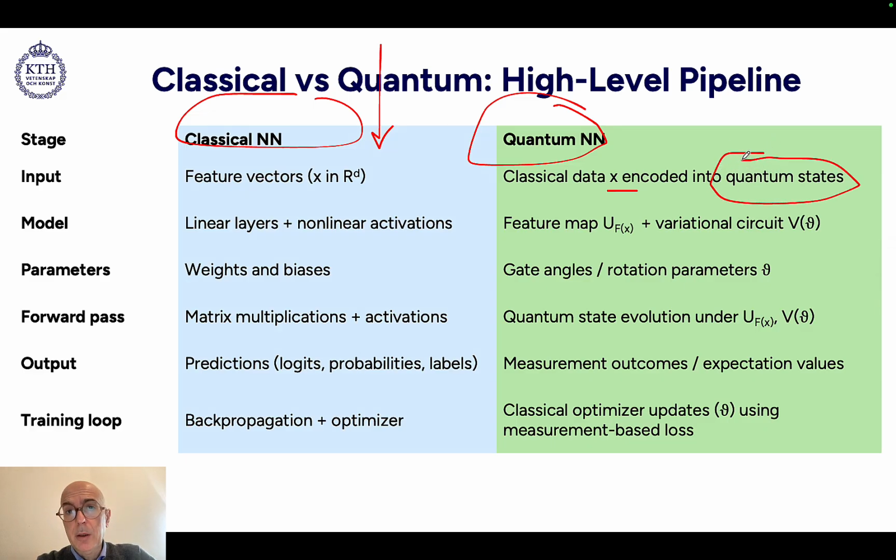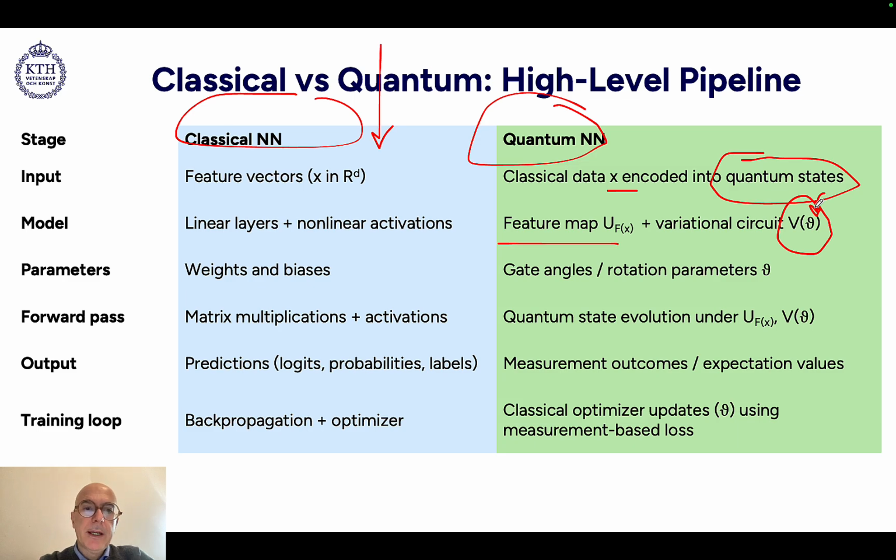The model of the neural network consists of two parts. One is the feature map that encodes the classical data into the quantum state, and then we have a so-called variational circuit V of theta that allows us to calculate the prediction by changing this tunable parameter that we call theta. In quantum neural networks, the parameters are the gate angles and the rotation parameters.